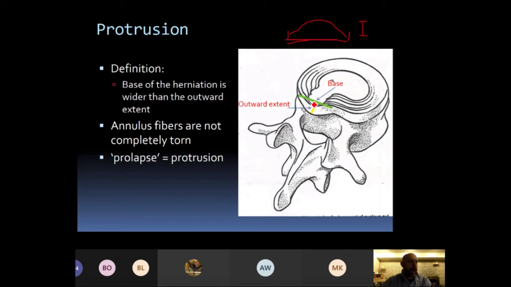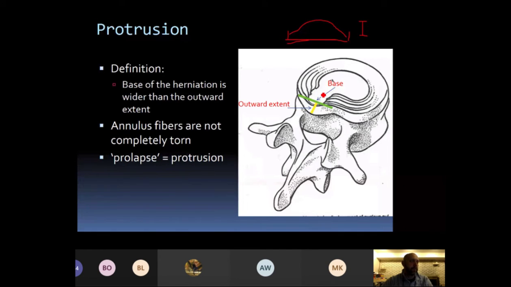Some disc protrusions have nucleus pulposus that leaks out. Other extruded discs might also be intact. Oftentimes it doesn't happen this dramatically, with a massive rupture of the disc fibers. You can have a partial tear through one layer, so you can have a concentric ring that is intact while the nucleus is still getting through it, if it's not completely torn.